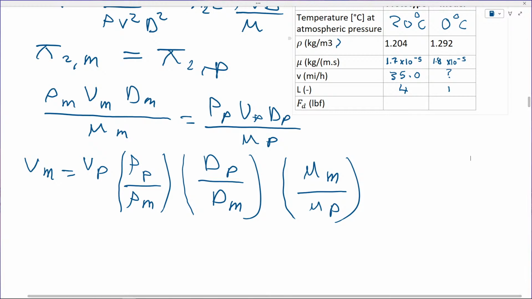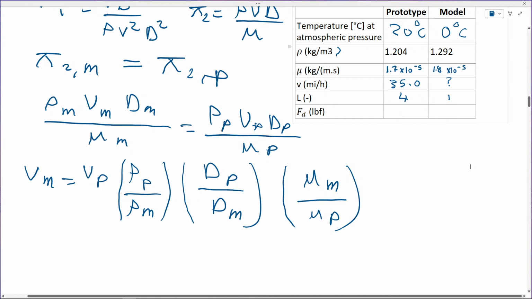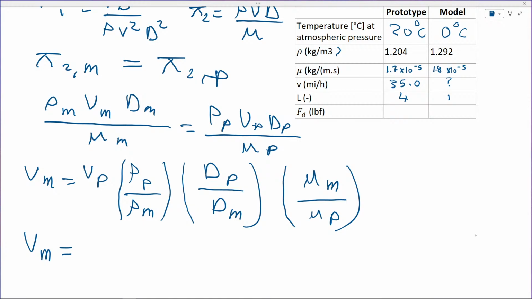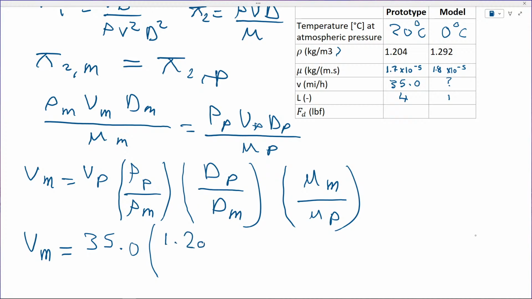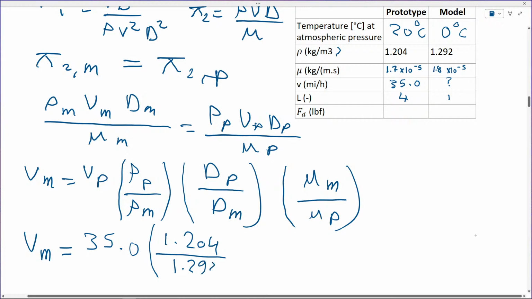So basically I will get the velocity of this one, which would be the velocity of the prototype, 35.0, times the rho of the prototype, 1.204 over 1.9, something like this.